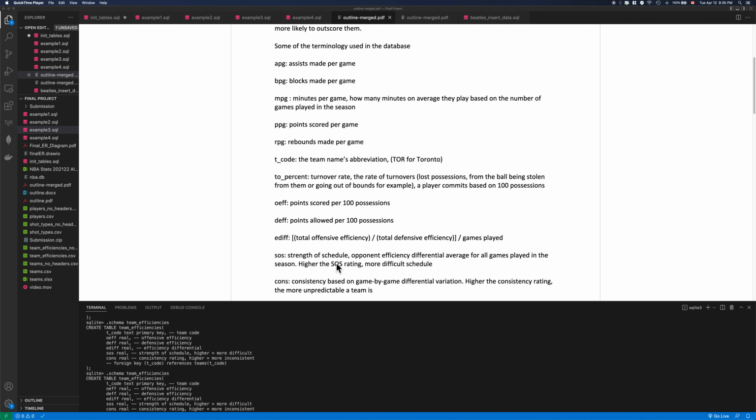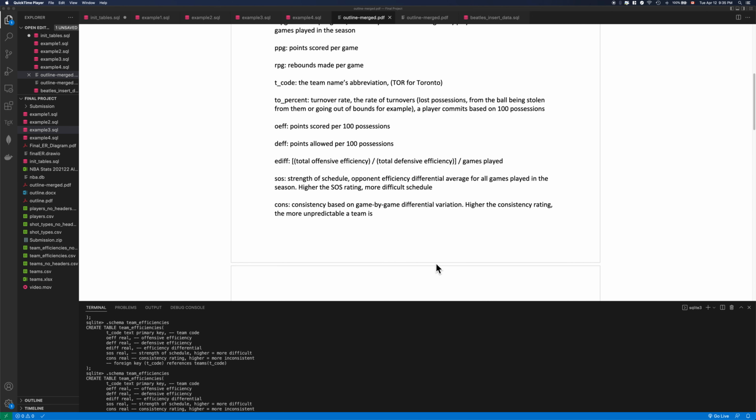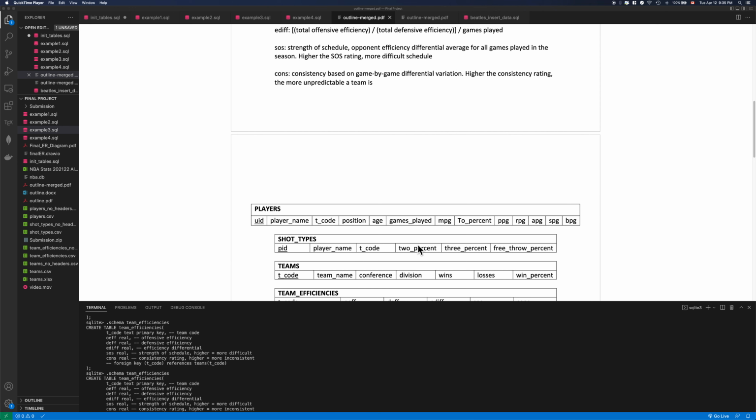The strength of schedule is the opponent efficiency differential averaged for all the teams that are played in the season, and the higher the SOS rating, the more difficult schedule that a team has had. And the consistency is based on game by game differential variation. The higher the consistency rating, the more unpredictable a team is.